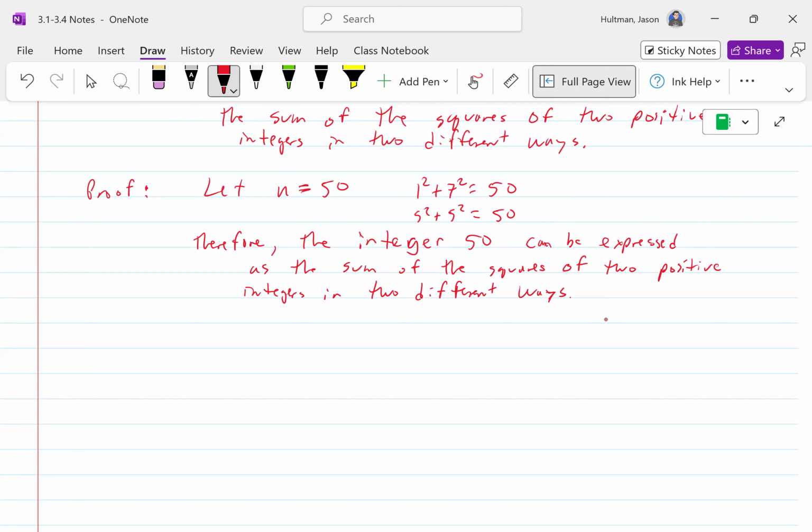Okay, it's a little harder to disprove an existential statement. Oh, that should be a square there because it's the end of a proof. Okay, to disprove an existential statement, we actually have to try everything. We have to show that it doesn't work for every single item there.